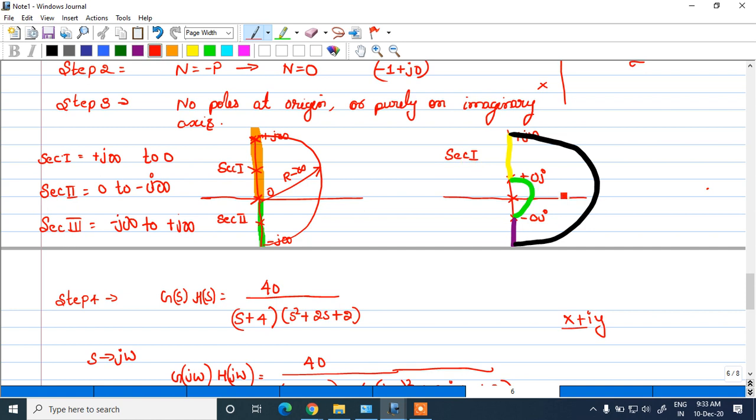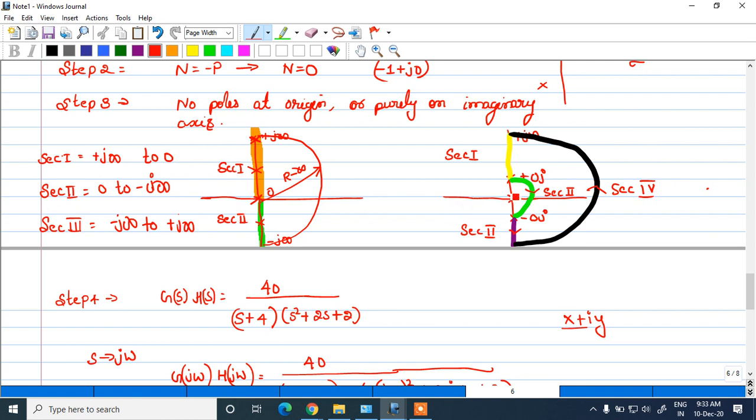So this particular is section 2, and here this is section 3, and this one is section 4. So only these two cases will be there for problem.